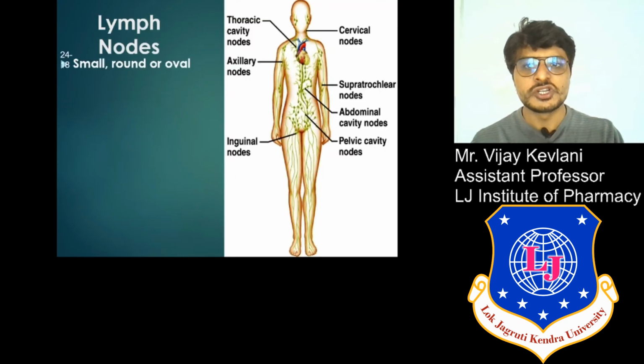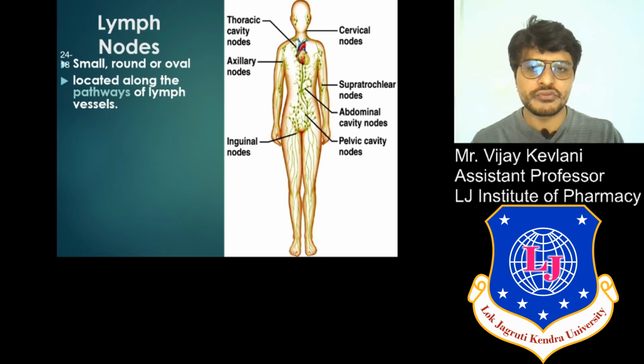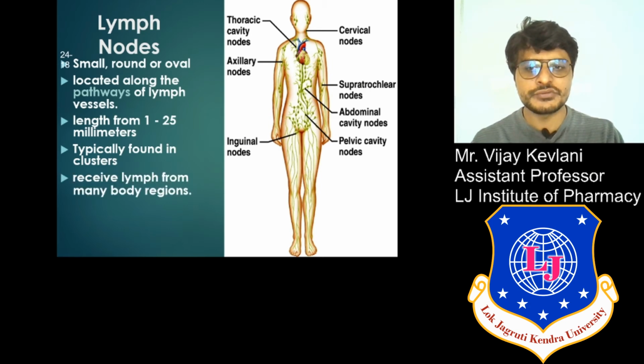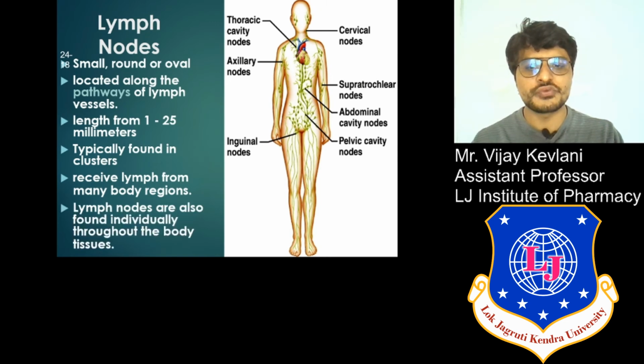Lymph nodes are small, round or oval in shape, located along the pathway of lymph vessels. They range in length from 1 to 25 millimeters and are typically found in clusters. They receive lymph from many body regions, and lymph nodes are also found individually throughout the body tissue.